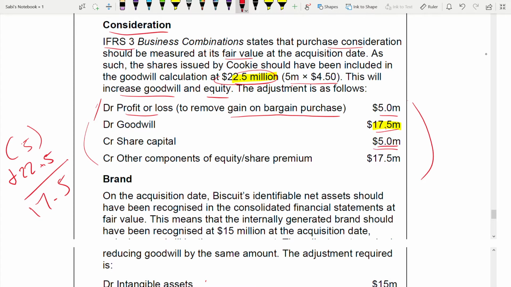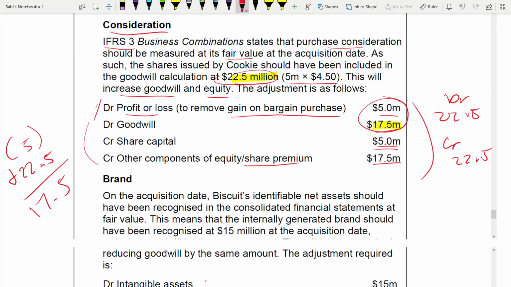The balance is under share premium, 17.5 credit. Whenever you do journal entries, make sure your debit equals your credit, otherwise you have made an error somewhere. It should always match. Add both sides: 5 plus 17.5 is 22.5 debit, and the credit side 5 plus 17.5 is again 22.5. It balances. This is correct.